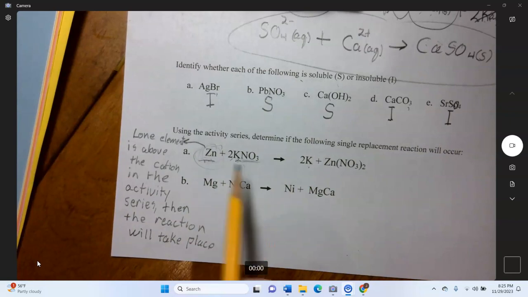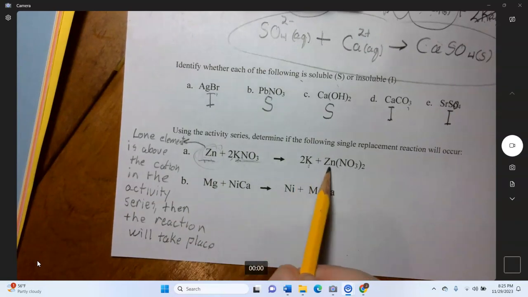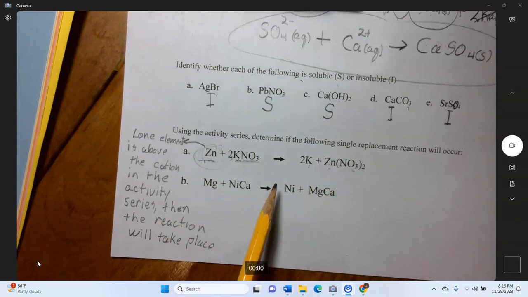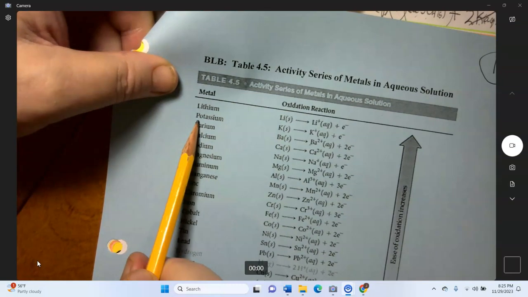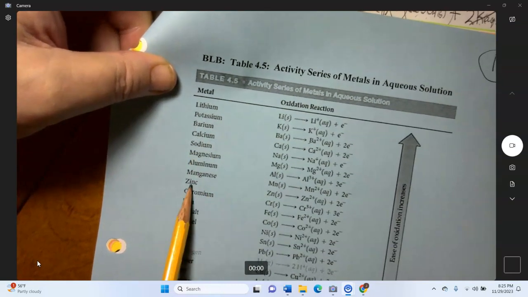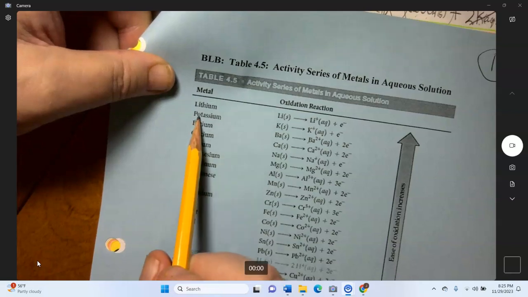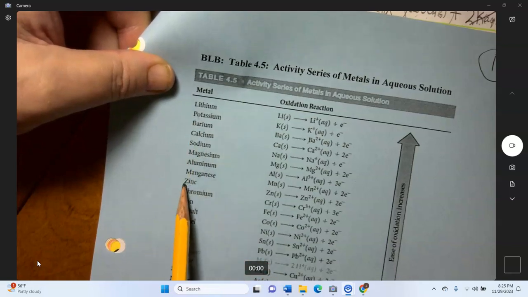The K comes out, becomes a lone element, and the zinc comes in and bonds with that. So the question is, is zinc above K? So we come over here, and K is potassium, and zinc is down here. So zinc is not above potassium. The rule is that electrons get passed down the activity series.